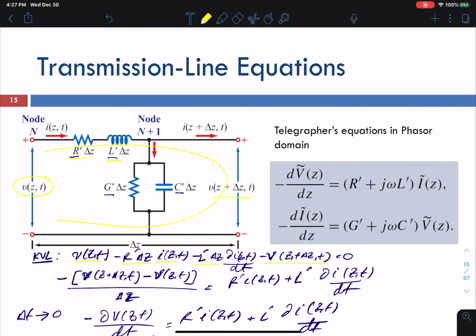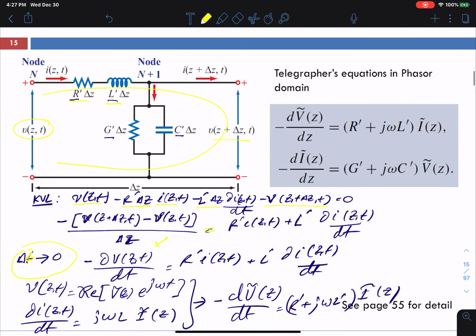So now if I rearrange that, the equation will look like this. If you know that delta z is small, then this becomes a derivative, right?